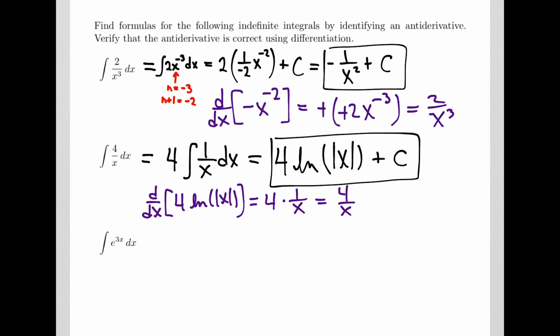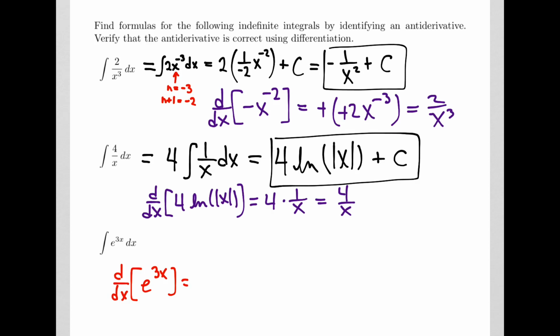Alright, so let's look at our last example here. We've got the integral of e to the 3x. So we need to remember the integral of an exponential is an exponential, except that we would get this if we did a derivative of e to the 3x.